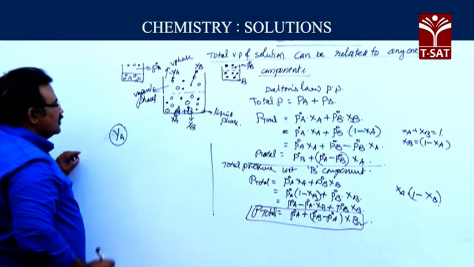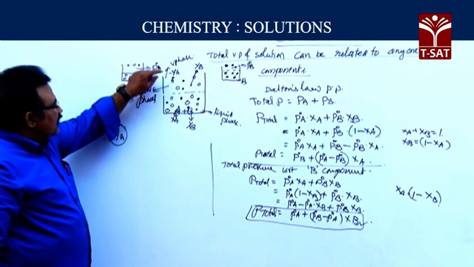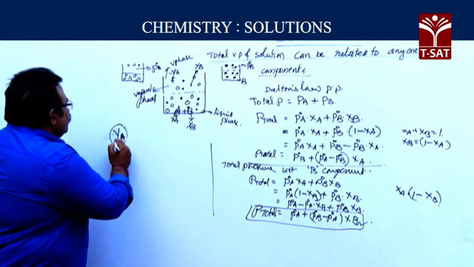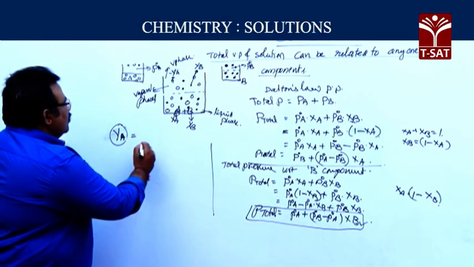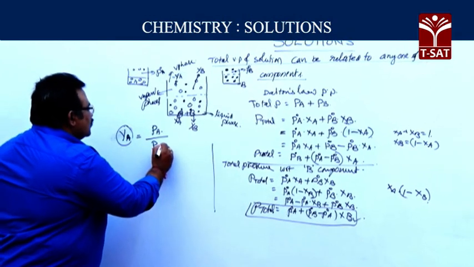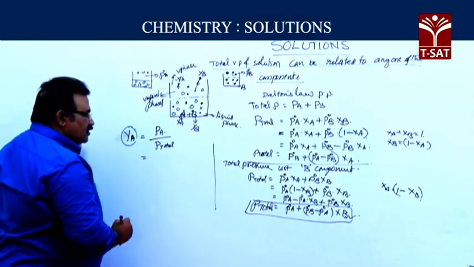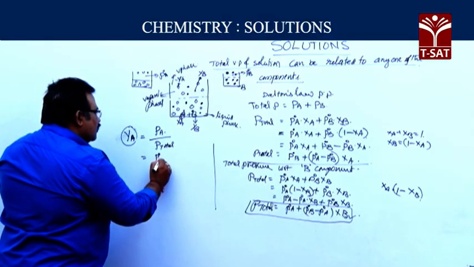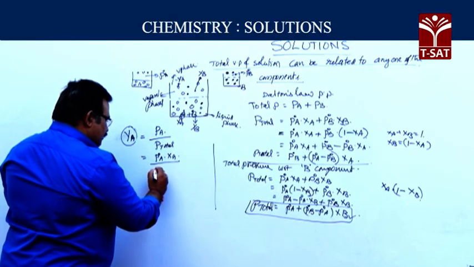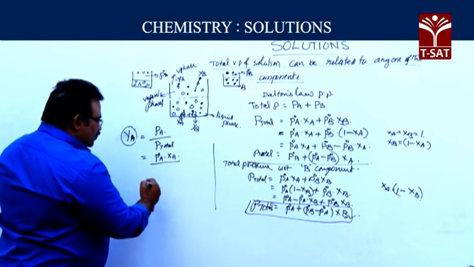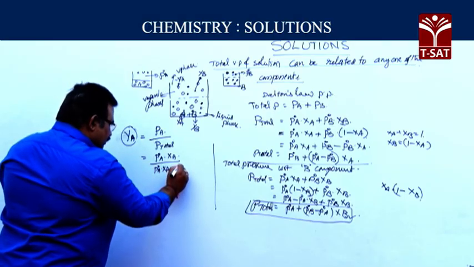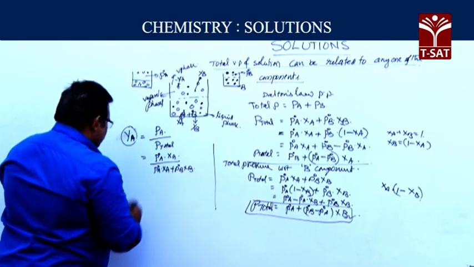YA means the mole fraction of A component in vapor phase, which is equal to partial pressure of A by total pressure. Partial pressure of A is P0A into XA, and total pressure of the solution is P0A XA plus P0B XB.